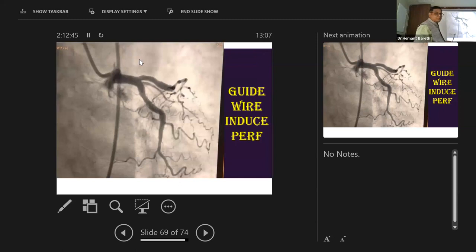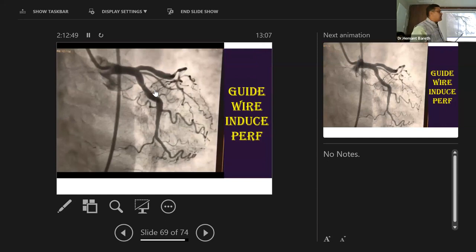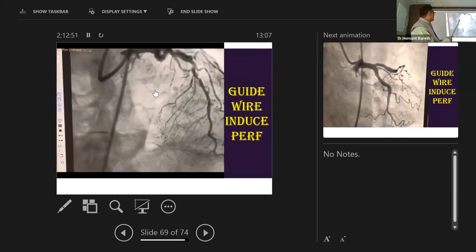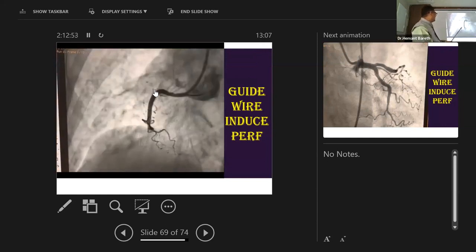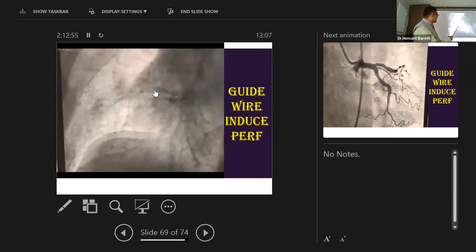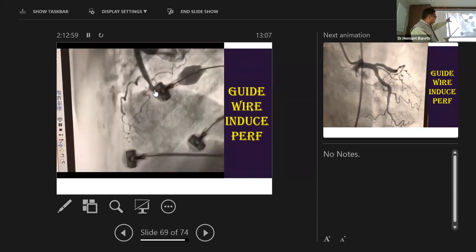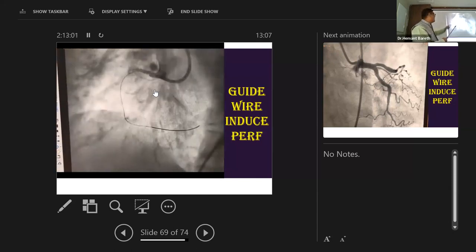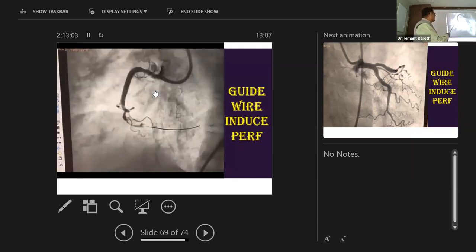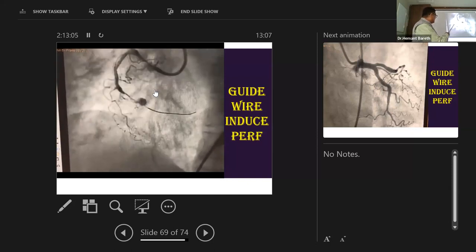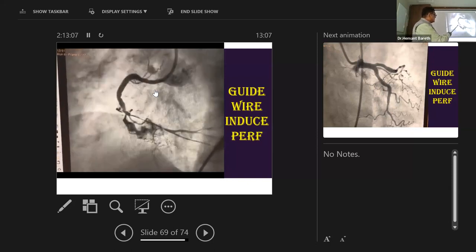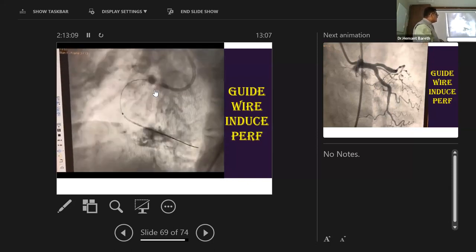So this is a guidewire induced perforation that can happen, and this is a totally occluded right coronary artery. The wire is being passed, and you can see it's a filter wire, which has a longer radiopaque tip, but once it crossed, you can see the perforation.